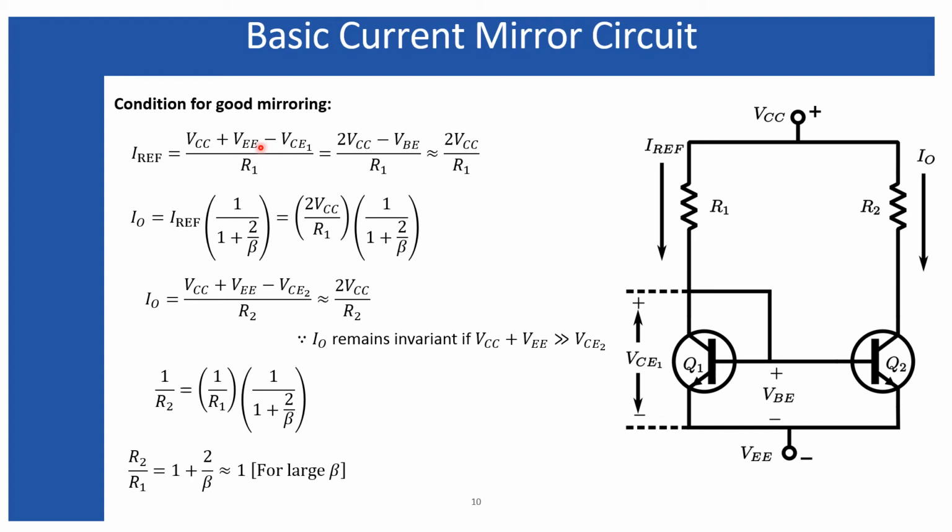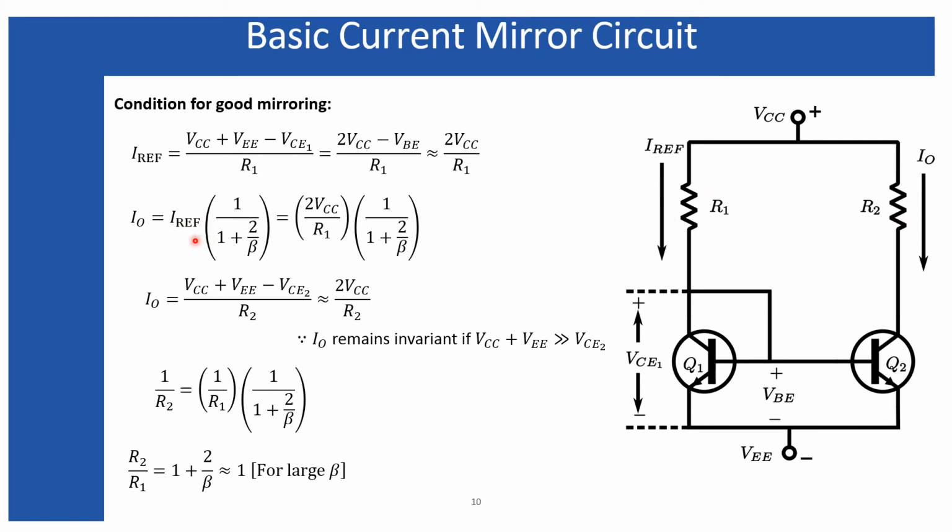But in most cases, the magnitude of the negative supply VEE is equal to the positive supply VCC, so I have replaced VEE by VCC. Finally, the base to emitter voltage is generally very small compared to the supply voltage, so I can neglect it, and I obtained Iref approximately equal to 2 VCC divided by R1.